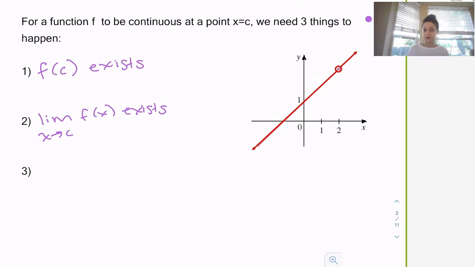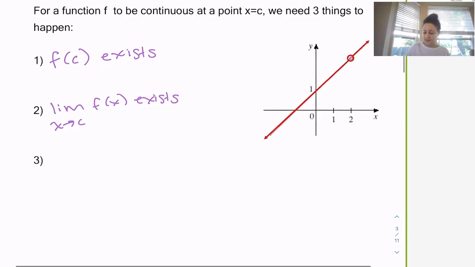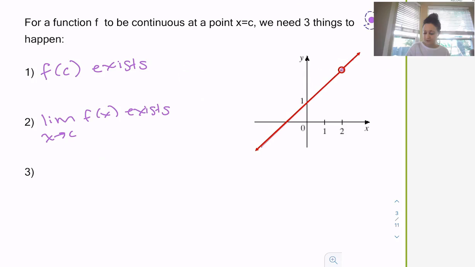Because the limit exists in our example, but our example is not continuous, okay? So let's say I add a function value here at 2. So let's say, okay, now I have f of 2. So I've got that the function value exists. I've got that the limit exists. However, is the function continuous? It is not.